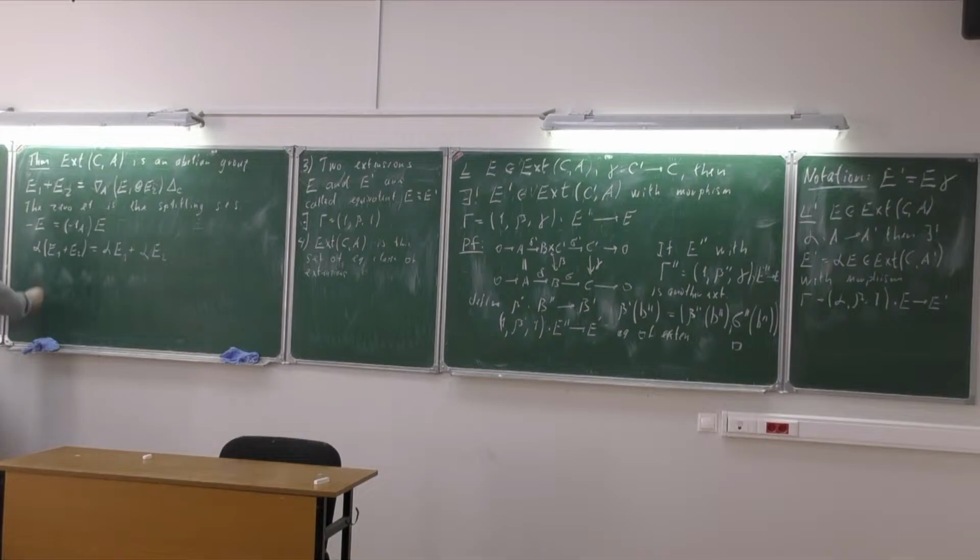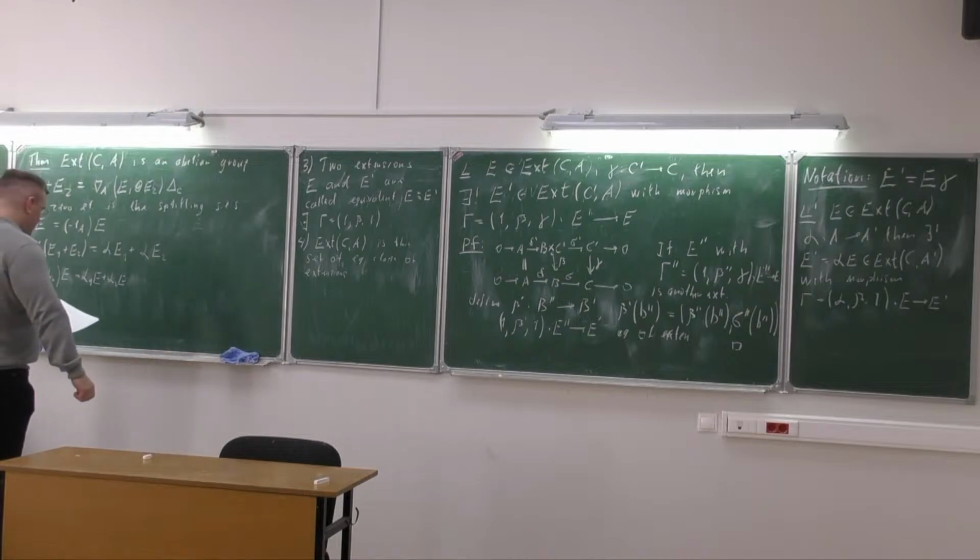So there is also a formula where you take the sum of two module maps, take a product with the extension, and again this is the same as alpha 1 E plus alpha 2 E. And there are the same formulas when you multiply on the right.